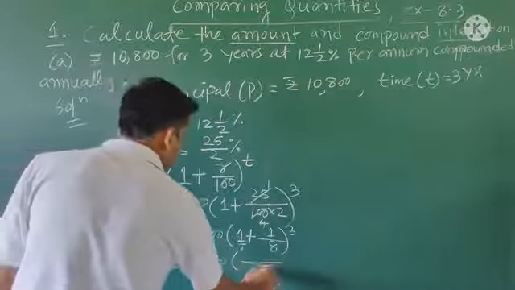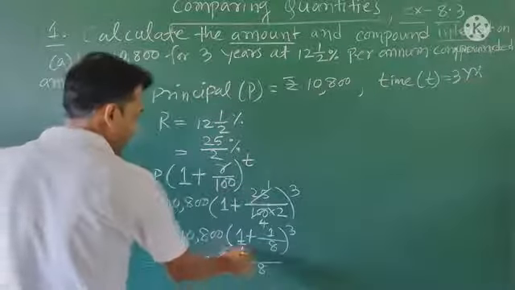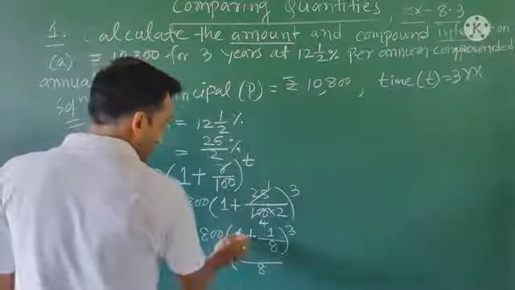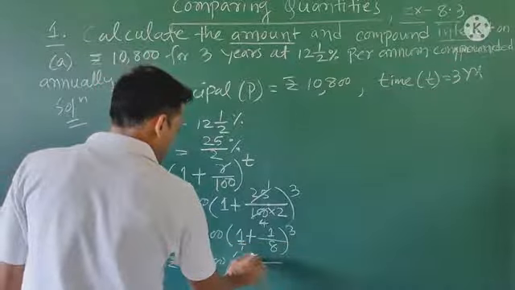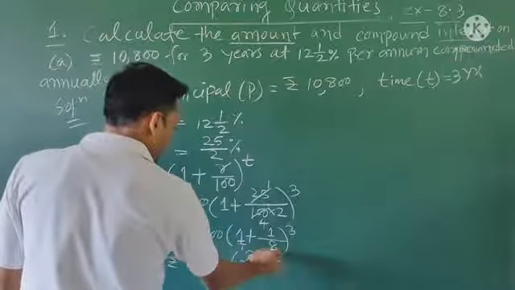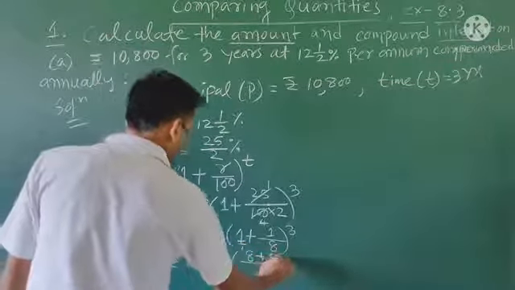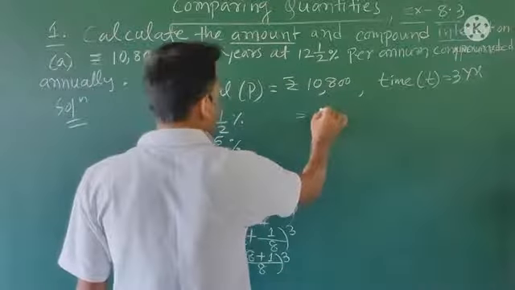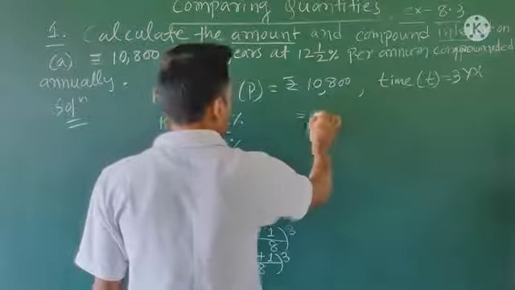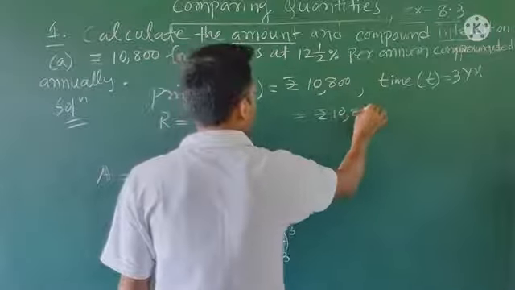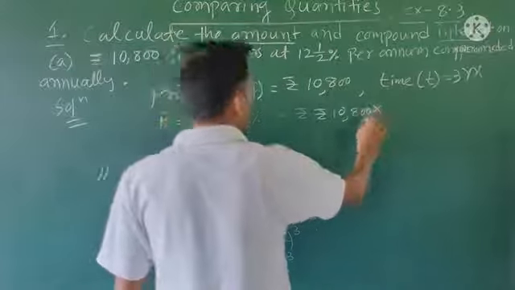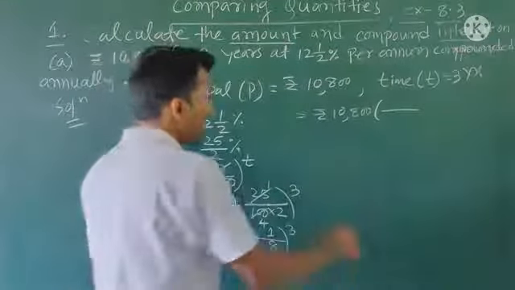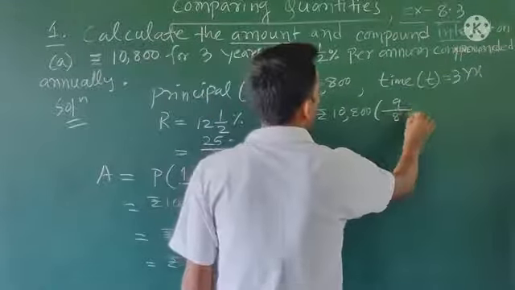LCM of 8 and 1 is 8. 8 into 1 is 8, plus 1 is 9. Next, rupees 10,800 into 9/8 to the power 3.